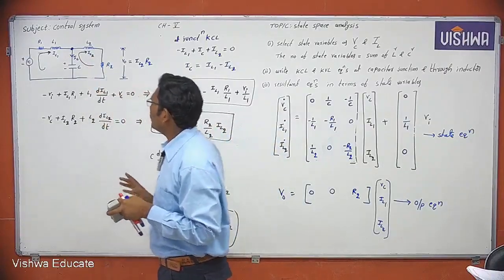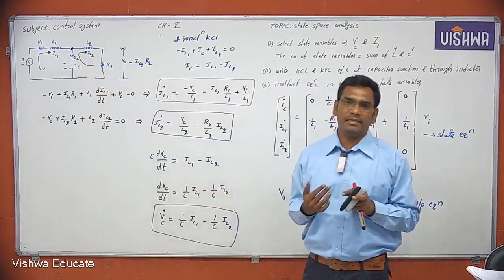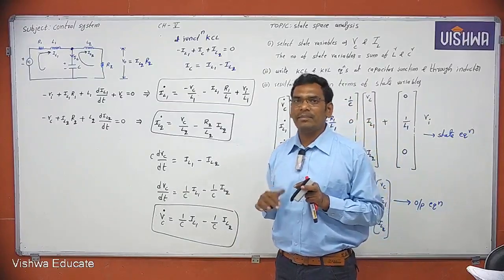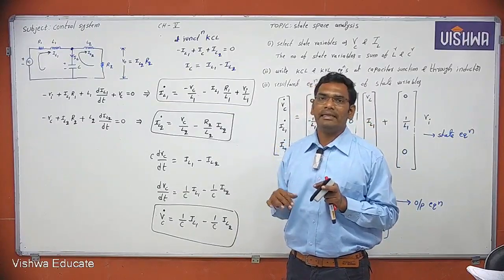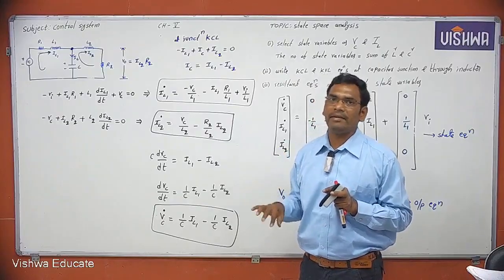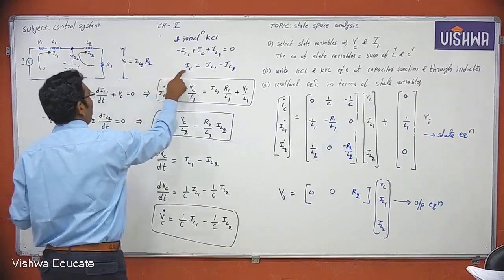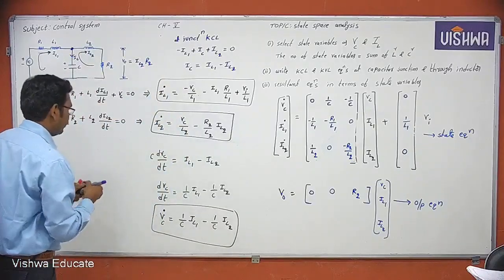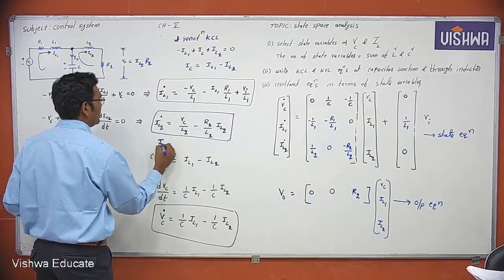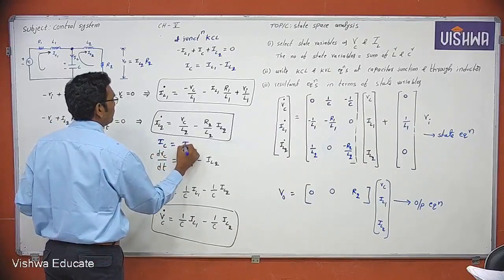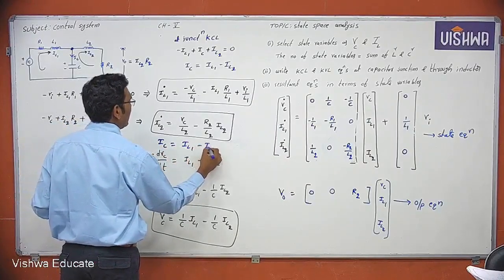So what we want is the derivatives of these state variables. That's why at the junction, Ic is equal to IL1 minus IL2.